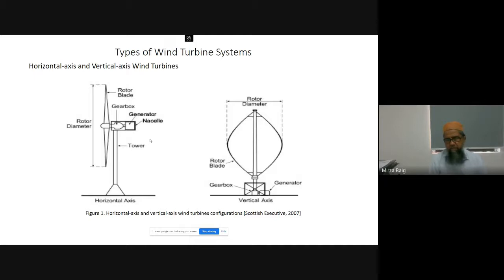Usually, there are three blades in the wind turbine, but you will find some with two blades as well. After the blades, you have a gearbox, and then at the end a generator, and this part is called the nacelle. And then you have a tower where this horizontal axis wind turbine is standing.